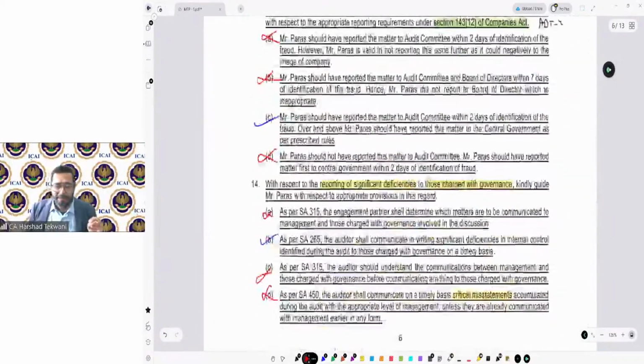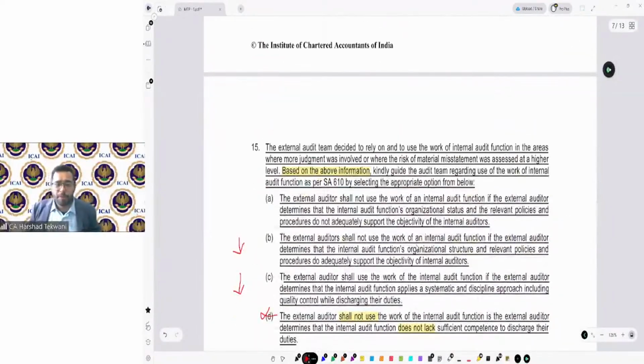And here, the first option says the same, that they do not adequately support the objectivity of internal auditors, and at that point we shall not use the work of the internal audit function. In the above question, with the above information, I could see this is the case. They do not adequately support the objectivity, and hence this is the right answer.